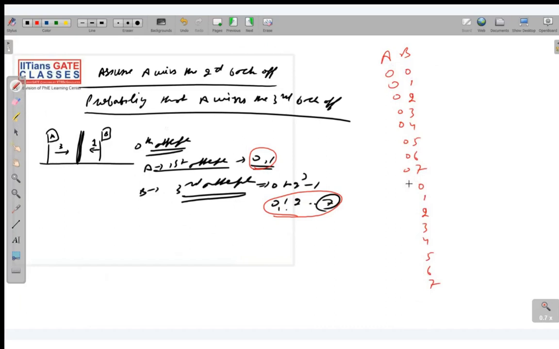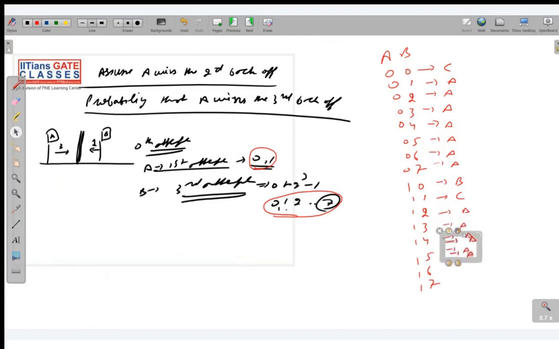Then 1,0 through 1,7. Total 16 choices. Here collision. A wins. All A, the way. A, A, and A. Here B wins. Here collision. A, A. Let me copy it out. Okay, so everywhere A, only one time B, no?